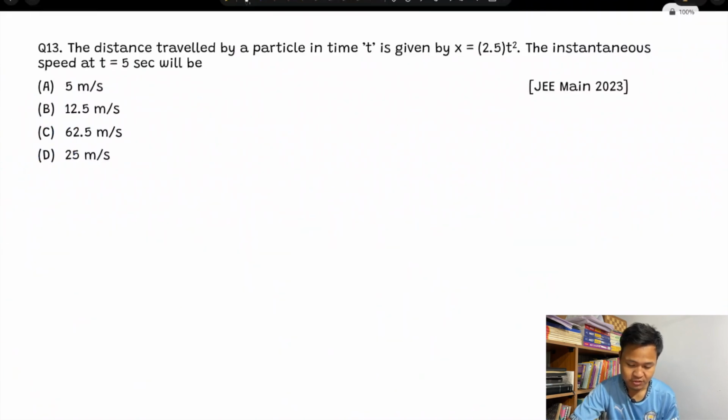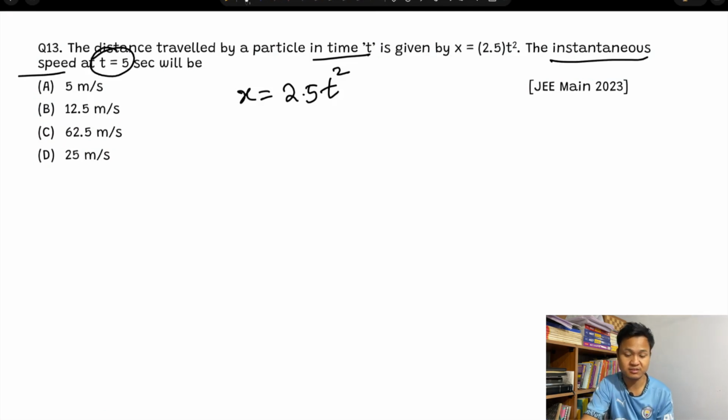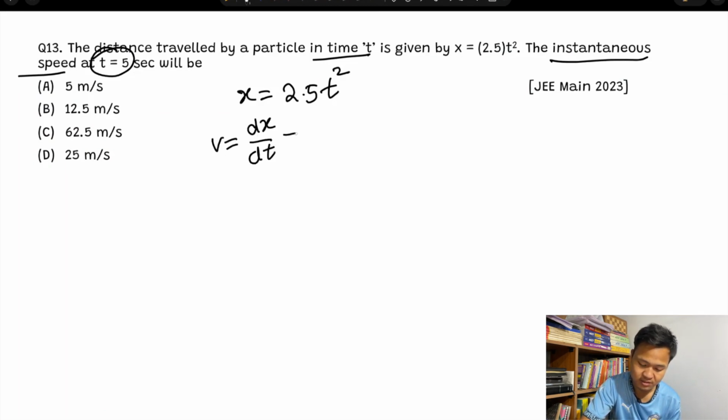So one question from JEE Main. The distance traveled by a particle in time t is given as x equals 2.5 into t squared. What is the instantaneous speed at time t equals 5 seconds? This is simple, v equals dx by dt. So you differentiate it: d by dt of 2.5 into t squared. 2.5 is constant, comes out.